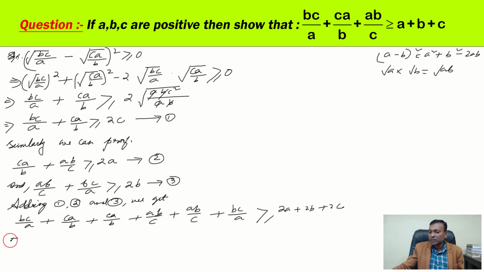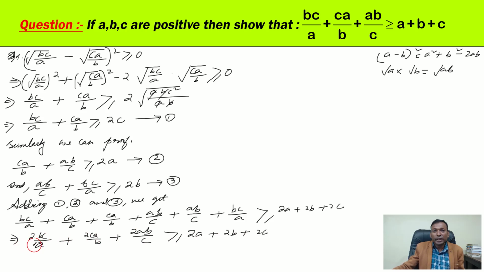So now BC by A, BC by A, we can write 2 BC by A, then 2 CA by B, then 2 AB by C, is greater than or equal to 2A plus 2B plus 2C.